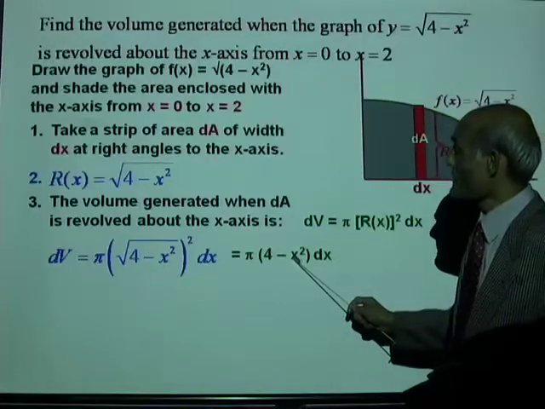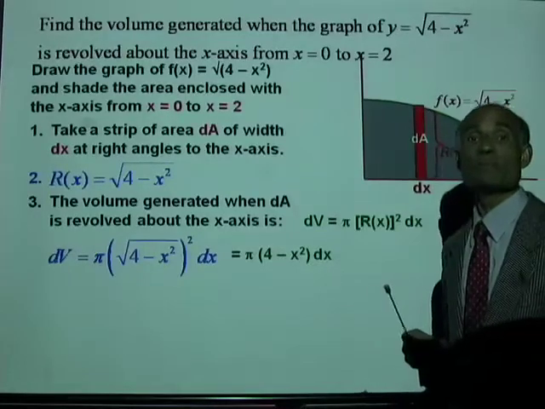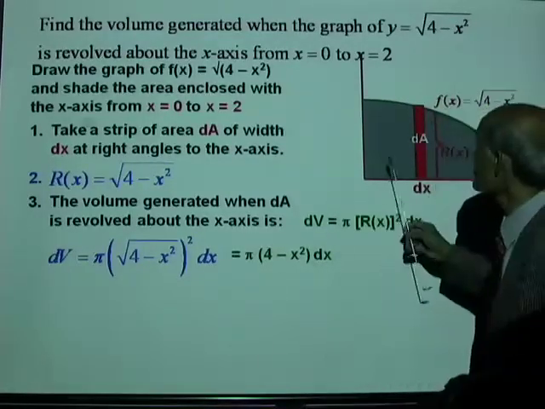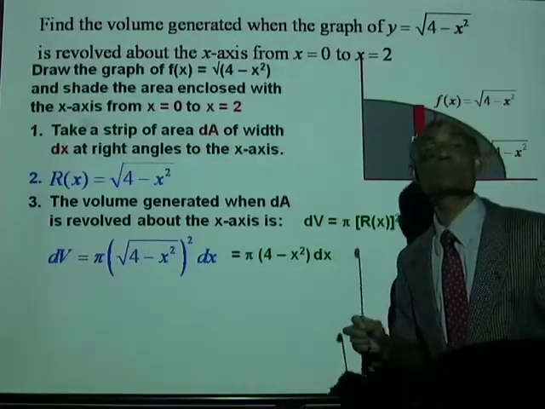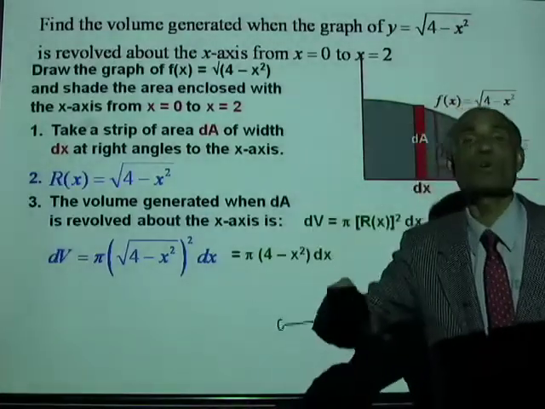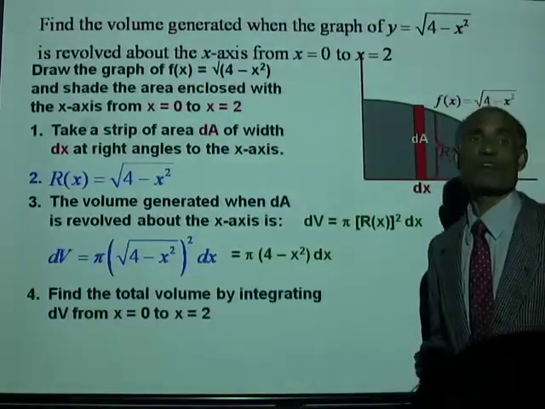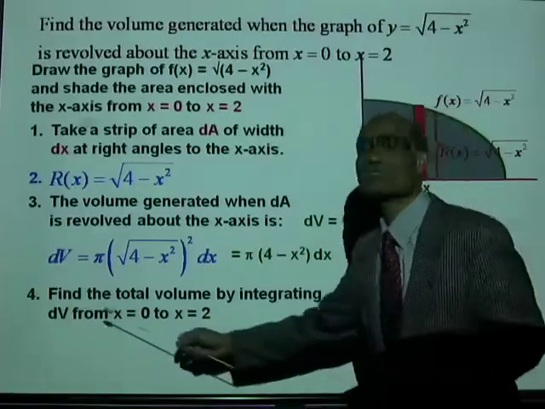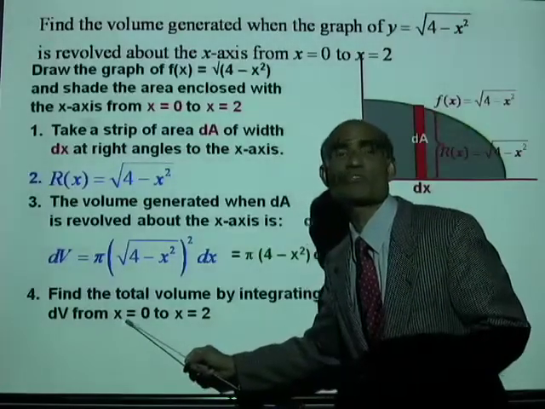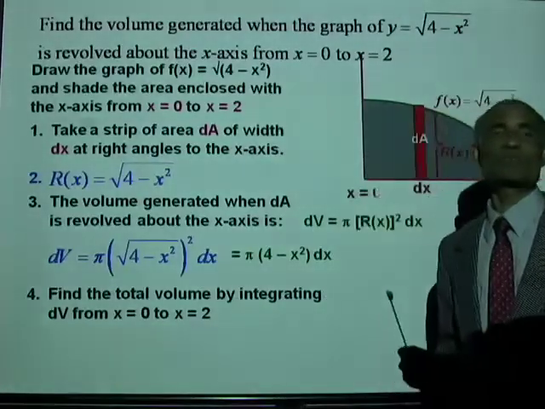This is dV. Now all we need to do is integrate that from x equal to 0 to x equal to 2 to find the total volume of the solid generated. So find the total volume by integrating dV from x equal to 0 to x equal to 2.